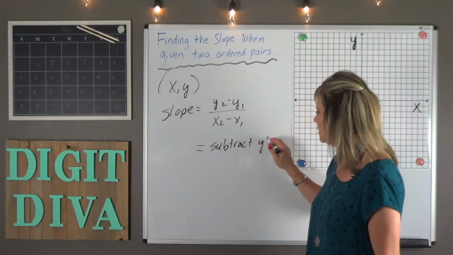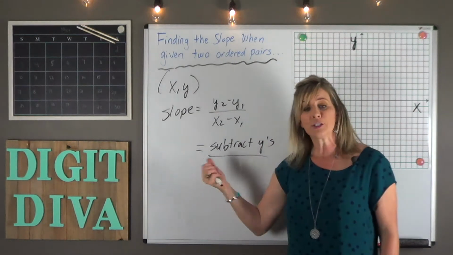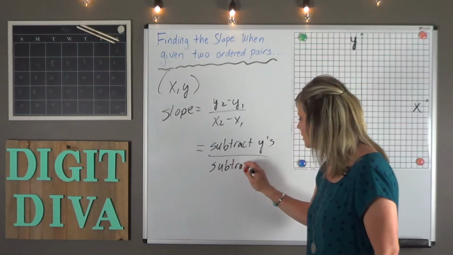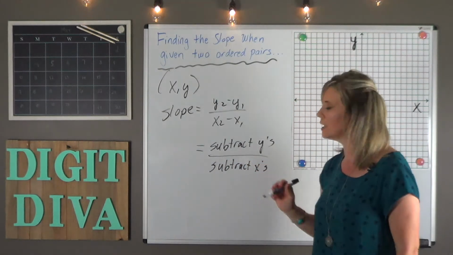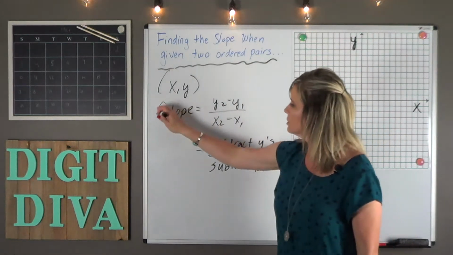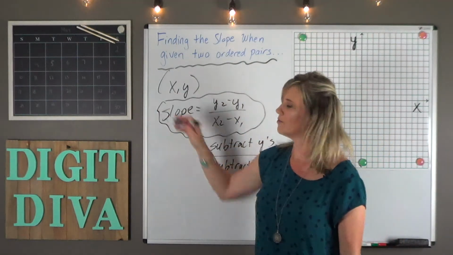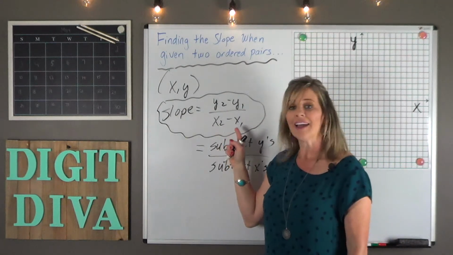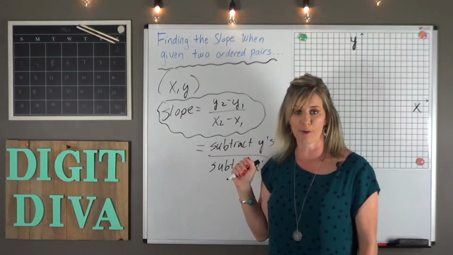So subtract your y's in the numerator position, and then you would also subtract your x's in the denominator position. Okay, so this is the official slope formula, y2 minus y1 divided by x2 minus x1.